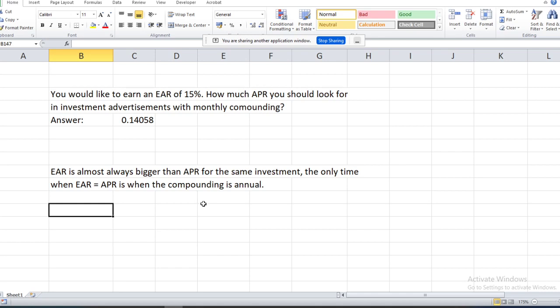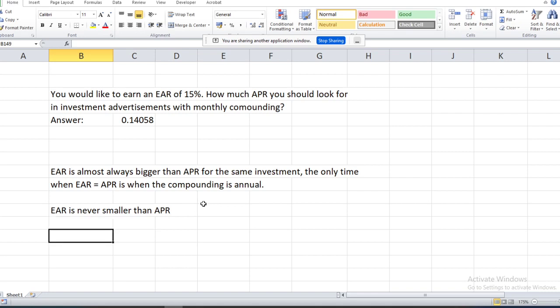So in that case, EAR is going to be equal to APR. But EAR is never smaller than APR. EAR is either bigger or equal to APR.